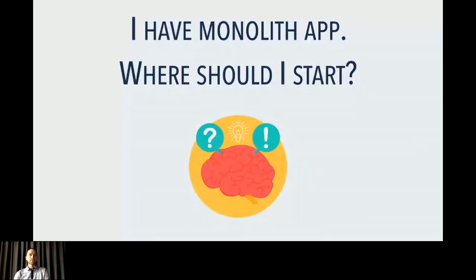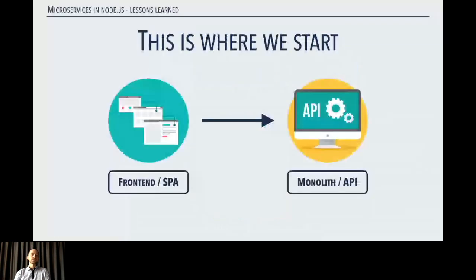Yeah. Okay, so maybe let's get back to the presentation. I told you that we would like to break the monolith up into some smaller microservices. So this is where we start. We had our monolithic application and our SPA application.